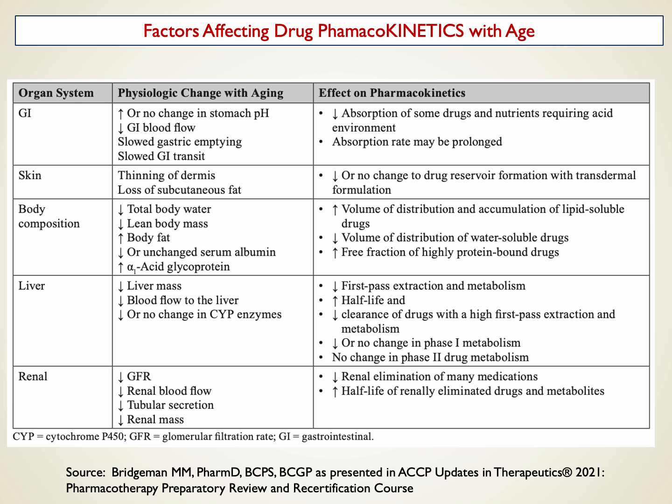But also, with less body water and more body fat, drugs that have a very large or small volume of distribution are affected, as well as albumin binding. We also worry somewhat about the liver, but renal is the real issue for us, with reduced renal function over time. And so we really want to be aware of renally dosing drugs for patients who are older.